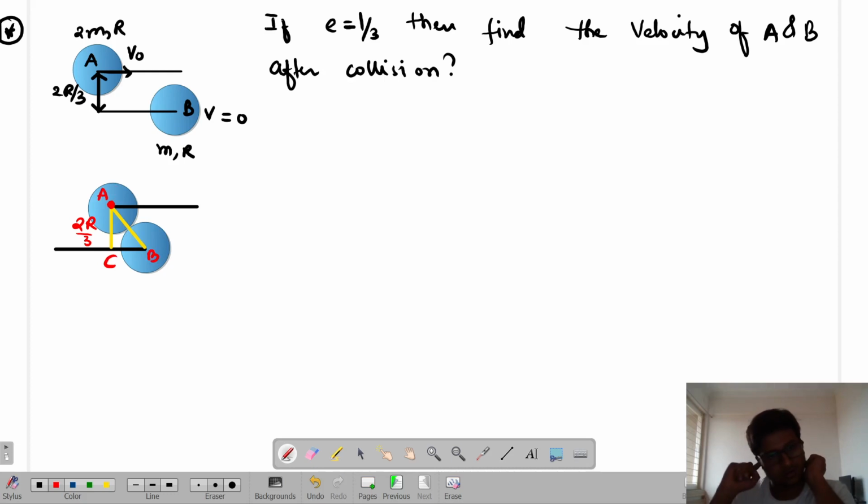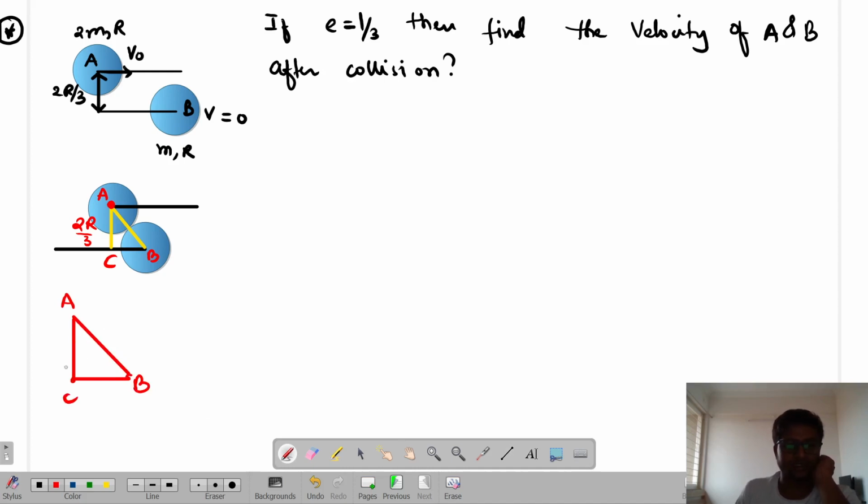If we look into triangle ABC, this is A, this is B, and this point is C. So AC is 2r by 3. This is 2r. Let's suppose I take this as angle theta. So this one will also be angle theta, isn't it?